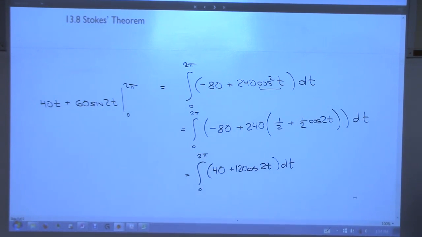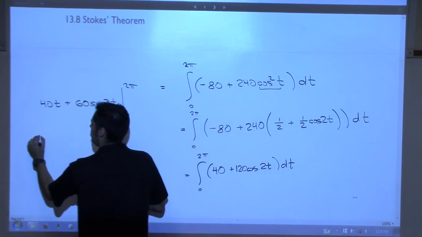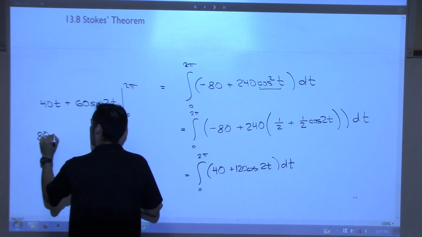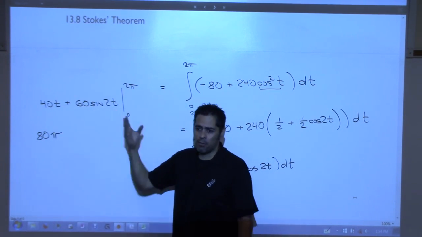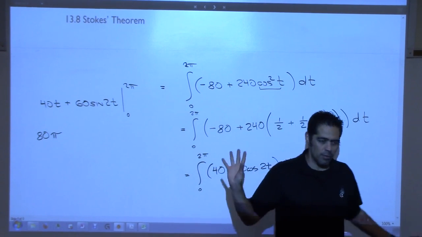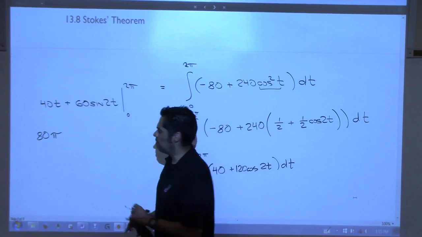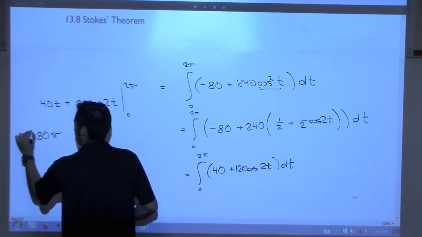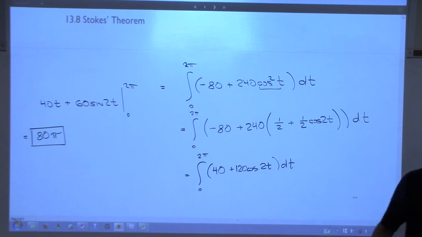When you plug in 2 pi, you get 80 pi. And then when you plug in 2 pi here, you get 4 pi. Sine of 4 pi is 0, so that goes away. And then you plug in 0, you get zeroed out everywhere, and so your answer is just going to be 80 pi. Okay, so that didn't take us too long, did it? I mean, that was okay? That's kind of like a review of line integrals.